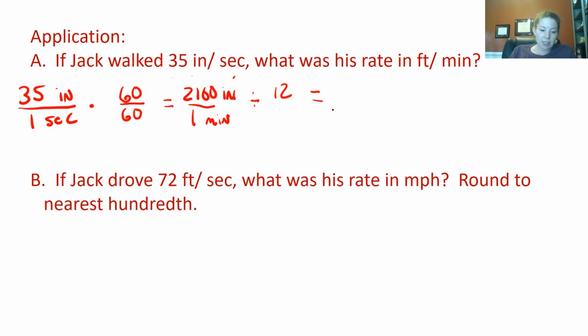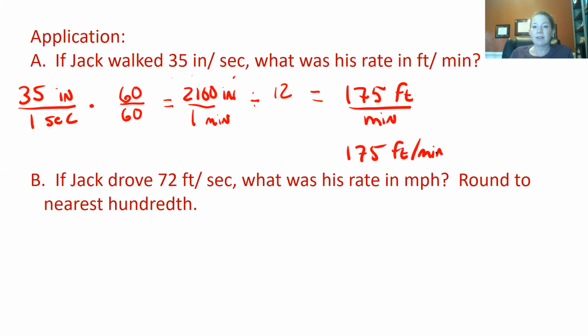And our 2,100 divided by 12 is 175. 175 feet per minute, which is the same way of writing it like we did up here. Okay, so that's the same rate. 35 inches per second is the same as saying 175 feet per minute.